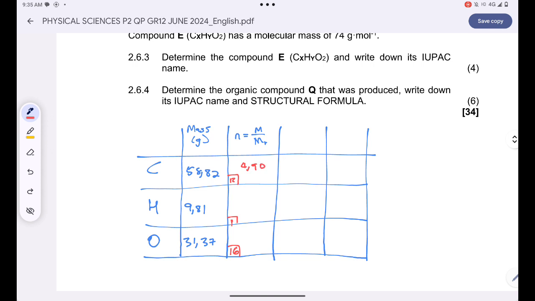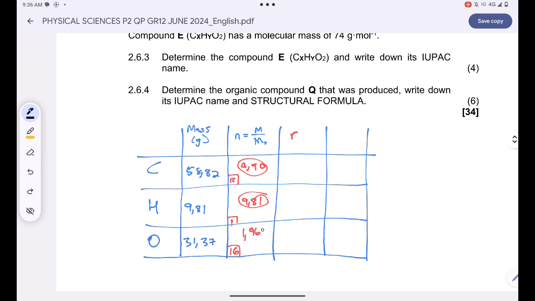Then 9.81 divided by 1 is just 9.81. Then 31.37 divided by 16 is equal to 1.96. To find the ratios, we must divide all of these by the smallest number of moles, which is the one for oxygen.